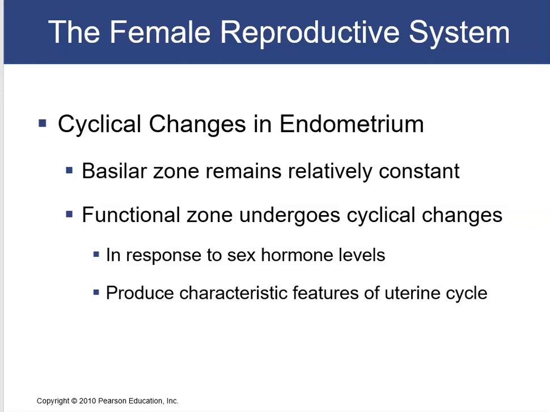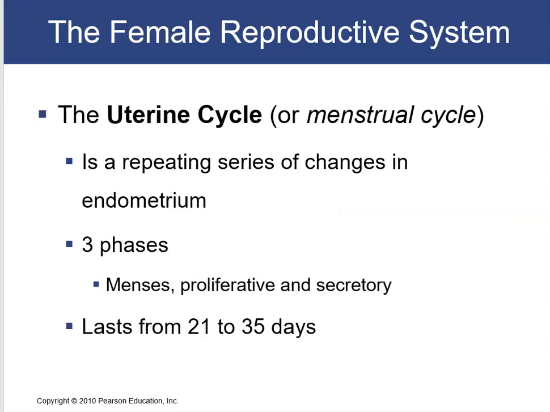So let's look at this uterine cycle, also known as the menstrual cycle. This is a repeating series of changes that occur in the endometrium, and there are 3 main phases: menses, the proliferative phase, and the secretory phase. The menstrual cycle lasts between 21 and 35 days, depending on the female.